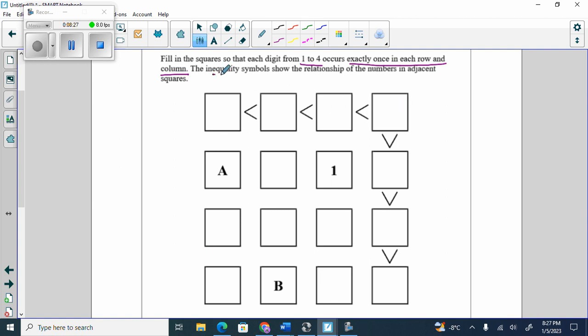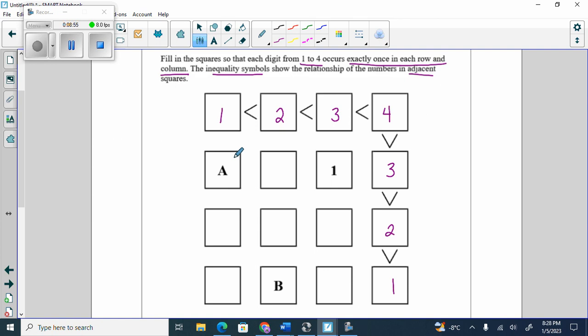The inequality symbols show the relationship of the numbers adjacent. Well, if this is less than this is less than this is less than this, and we have to have the numbers 1 to 4 in each row and column, this would be 1, this would be 2, this would be 3, this would be 4. Same way, this would be 1 is less than 2, is less than 3, is less than 4.